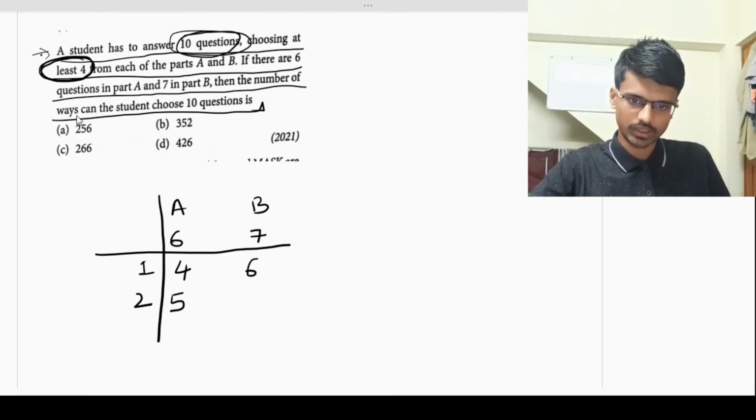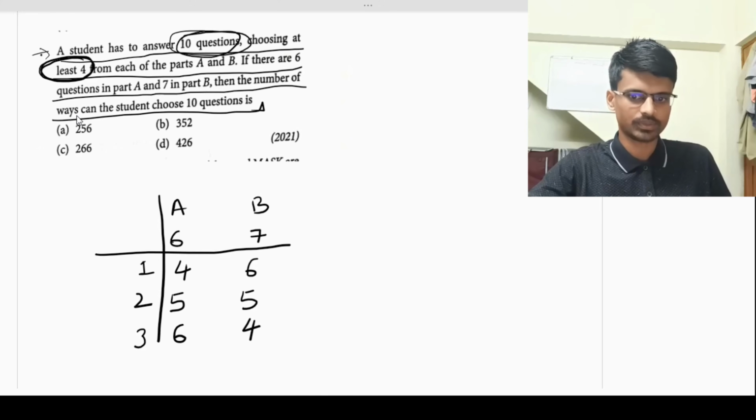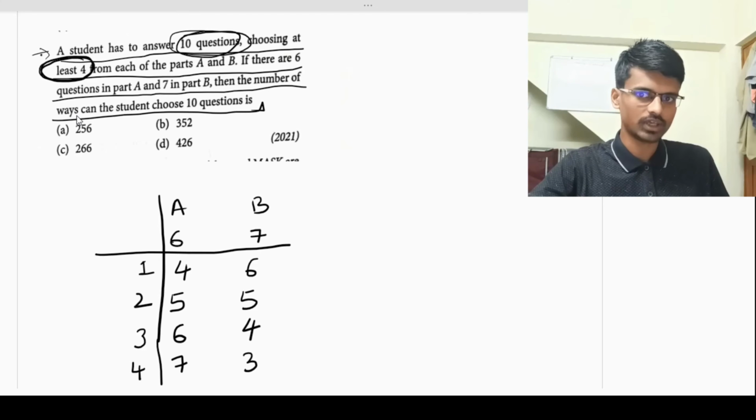Now, he has to answer the remaining 5 questions from part B. That is fine. Case 3. If I increase this to 6, then the number of questions he can answer from part B is 4. Yes, you're right. Next, moving to case 4. If he answers 7 questions from part A, he can answer only 3 questions from part B. But here we are violating this condition. It says at least 4.